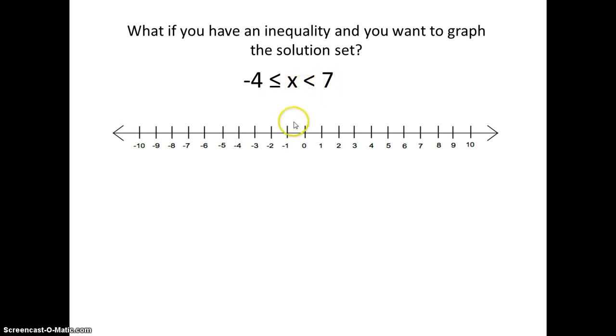It is less than 7. So we put dots on our graph that show that x could be equal to -4, is greater than or equal to -4, and it is also not equal to 7. Now we know that x is bracketed between these two values, so we draw a solid line between them, and the solution set now lies between -4 and 7, inclusive of the -4.